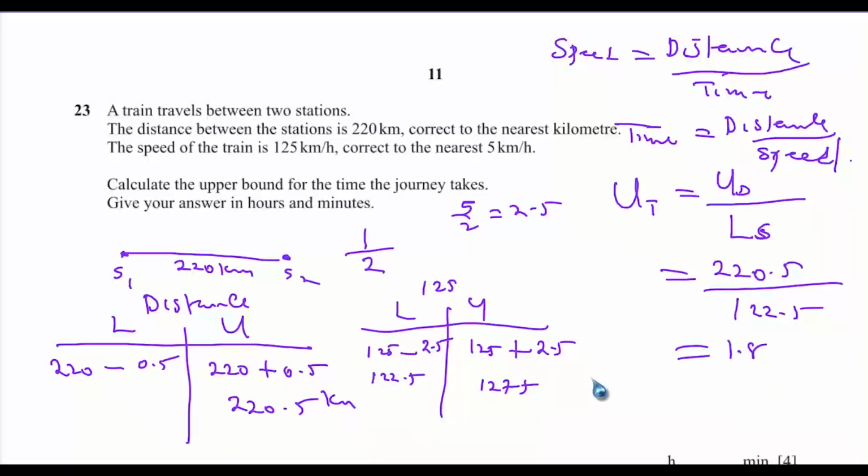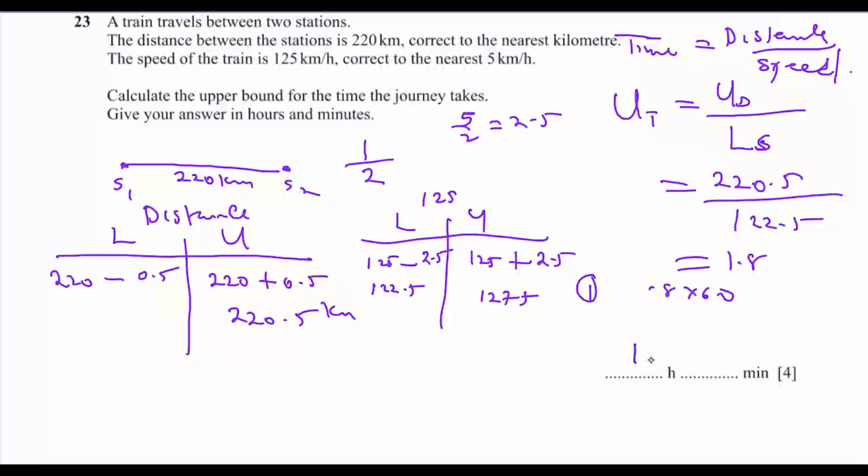So we already have 1 hour, then 0.8 hour. That 0.8 hour needs to be converted to minutes. So that will be 0.8 times 60, which gives us 48 minutes. So that means we have 1 hour 48 minutes.